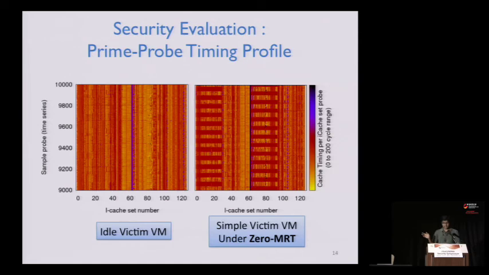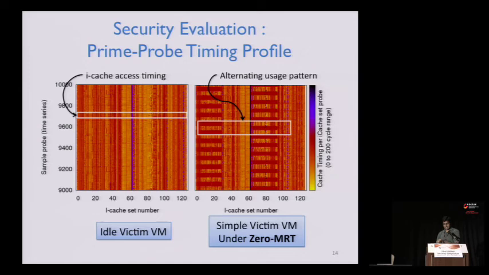These heat maps show the prime and probe timing profile, where the x-axis is the cache set number, and the y-axis is the iCache timing sample between two preemptions. The darker the color, the longer it took for the attacker to access those cache sets. What we see here is that under 0 MRT, which is the attack setting in the CCS 2012 attack, the simple victim's covert channel signal is directly visible to the attacker via this timing profile.